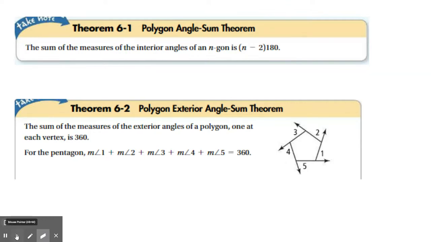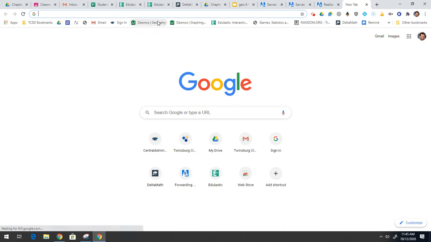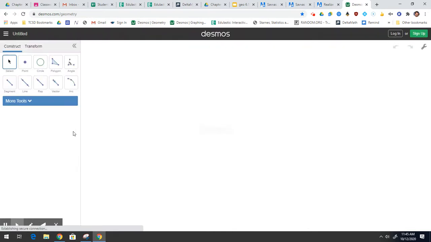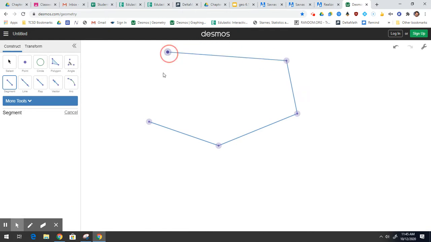If we go to Desmos geometry, let me quickly draw a pentagon, I like to use pentagons. A pentagon has 5 sides: 1, 2, 3, 4, 5. Nothing special about this pentagon. Here's what I want to do: draw what are called diagonals.